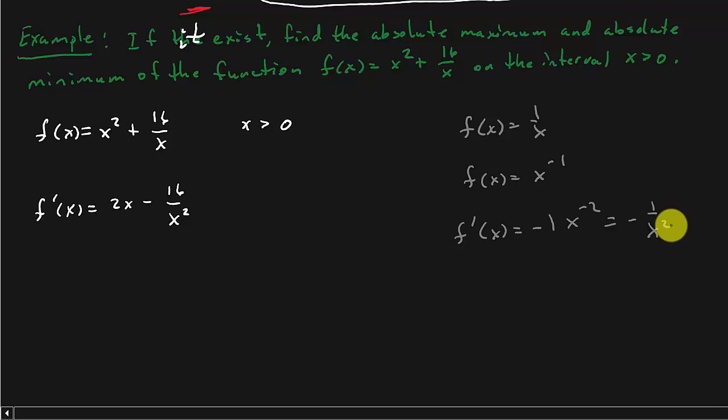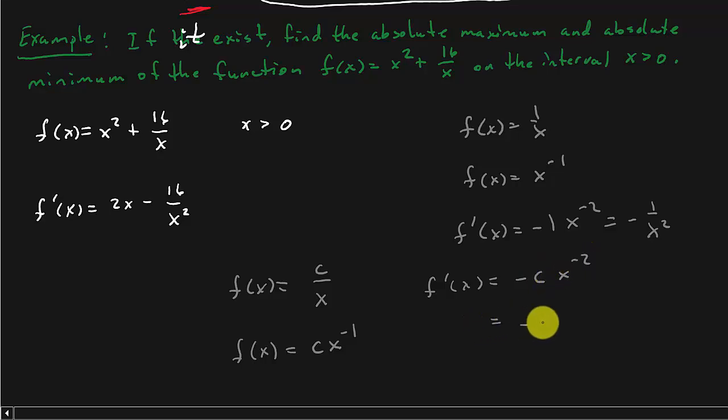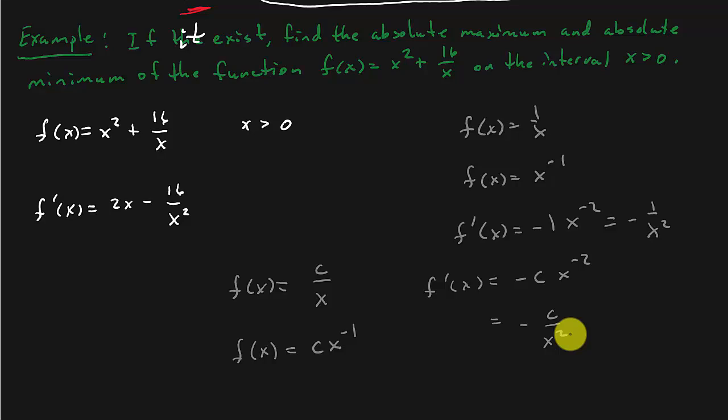Okay? And look, if you had f of x equals, say, some number c, a constant c over x, and you want to take the derivative, well, you would write f of x equals cx to the negative 1. So f prime of x would be negative c x to the negative 2, which would be negative c over x squared. So what I'm getting at is if you're taking the derivative of 1 over x, it's just negative 1 over x squared.